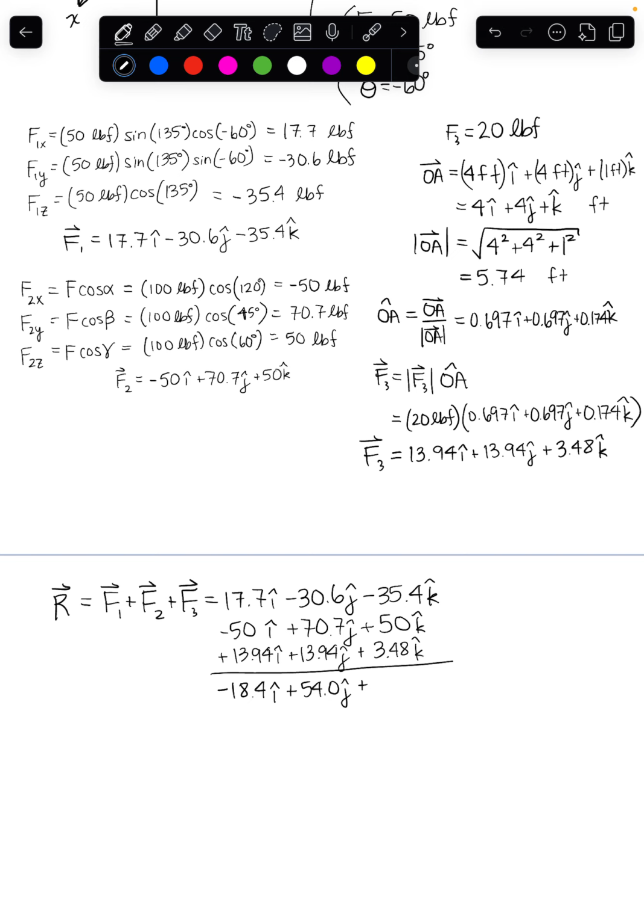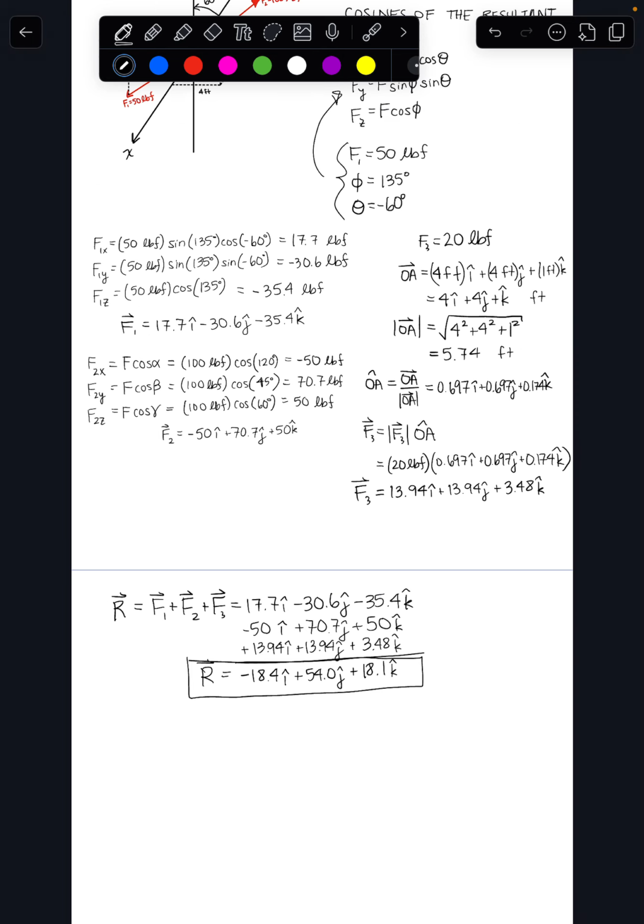And then lastly, negative 35.4 plus 50 plus 3.48 gives me 18.1 k hat. So that's my resultant vector. See how once we get everything into Cartesian form, the rest is cake.